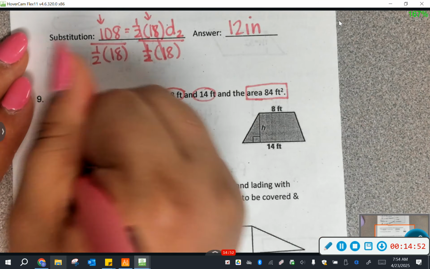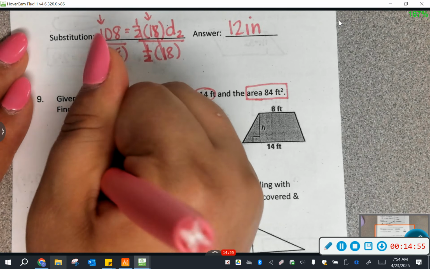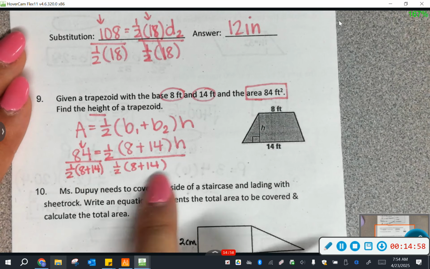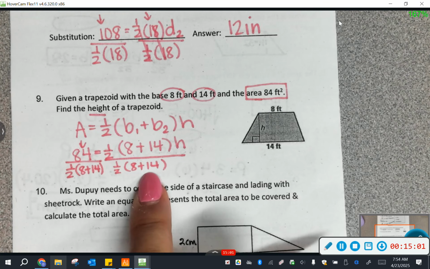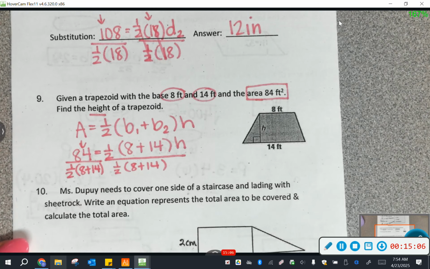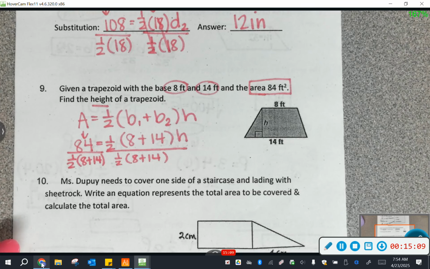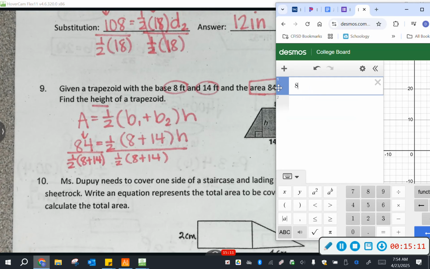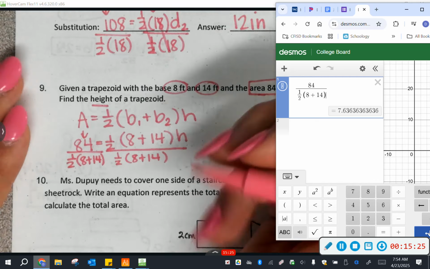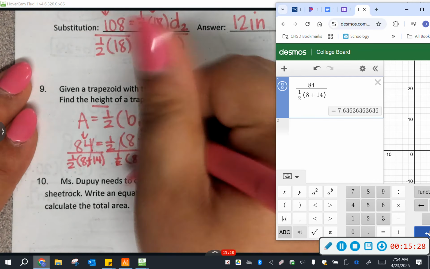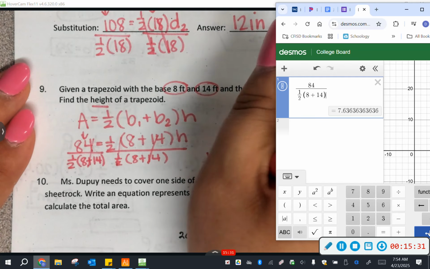Or you can figure out what that is and divide by that number. What's 8 plus 14? 22. What's half of 22? 11. So you could also just divide by 11. This is going to be 84 divided by 1/2 parentheses 8 plus 14. That's disgusting, but that's okay. So my h is 7.6.